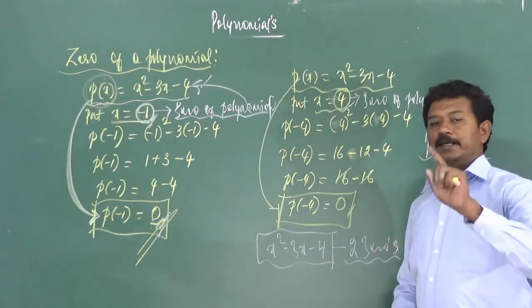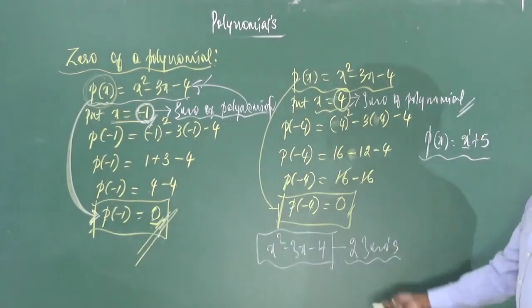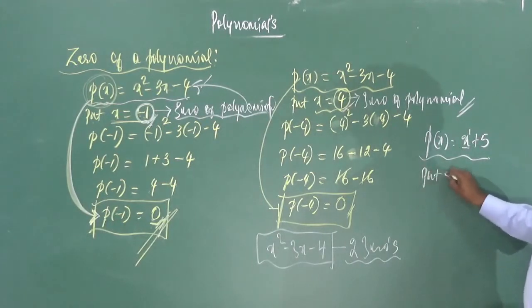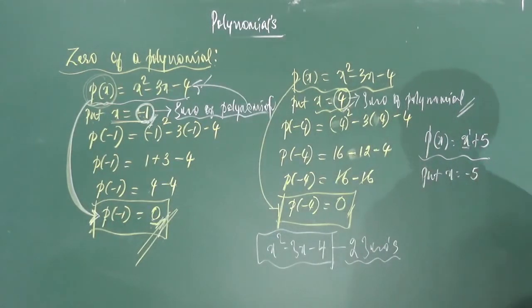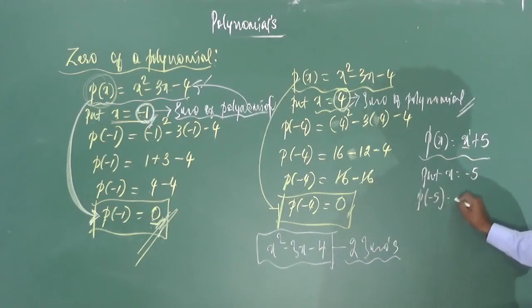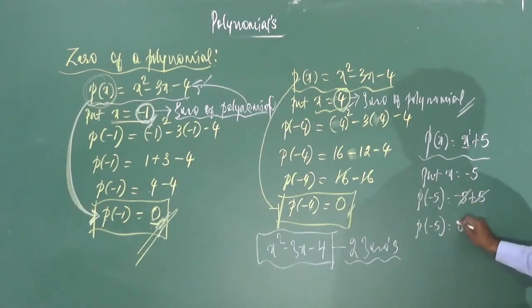Therefore it is called a linear polynomial. Now let us see how many zeros are there for this polynomial. So put x is equal to minus 5. I hope you are guessing it. So p of minus 5 is equal to minus 5 plus 5, it cancels and it is equal to 0.